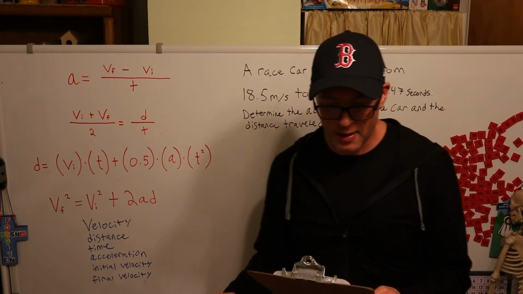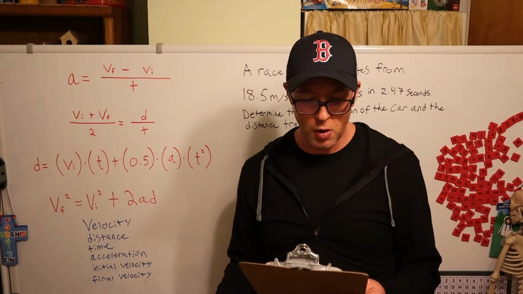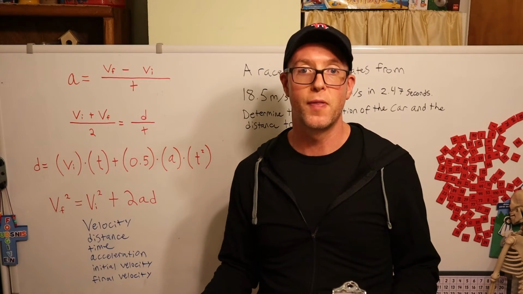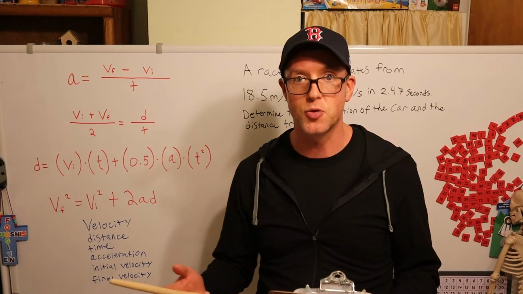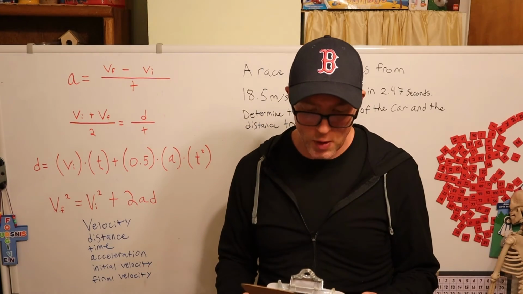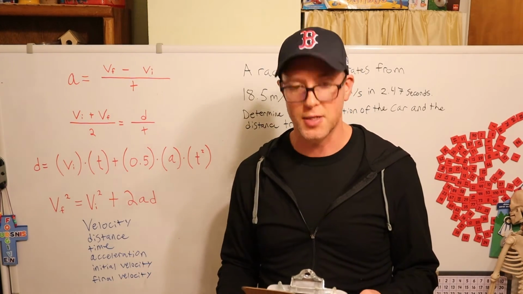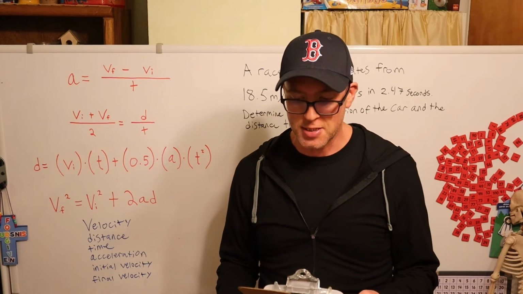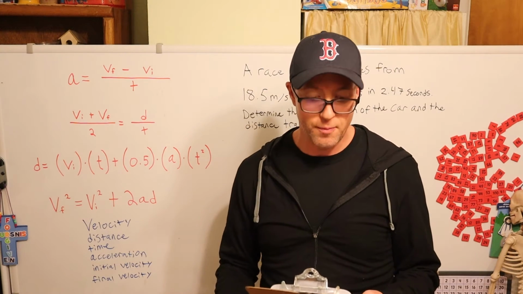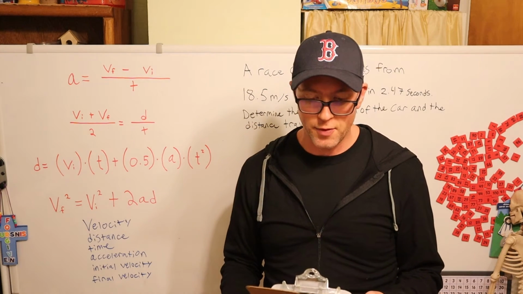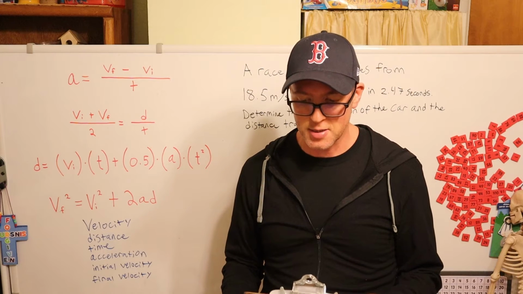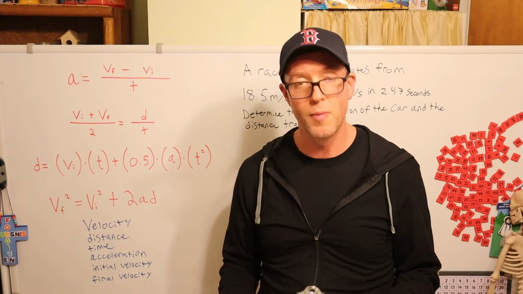Keep in mind that we're only dealing with motion in one dimension, and what that means is motion in a straight line. And also, we're only dealing with average velocity and average acceleration over a given period of time, rather than the actual velocity or acceleration at any given moment in time.